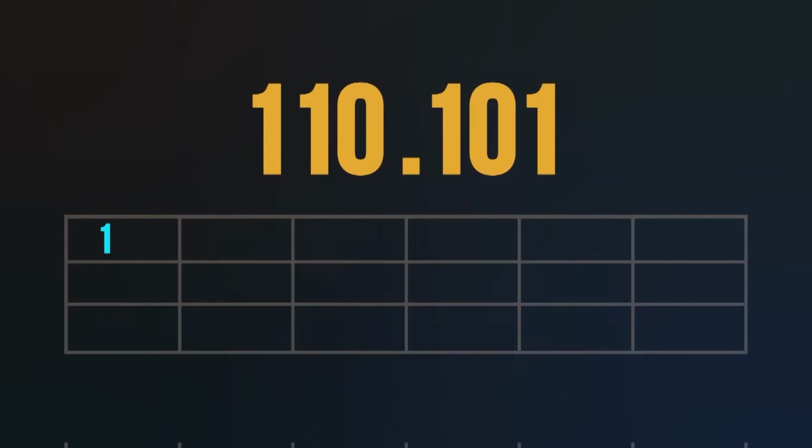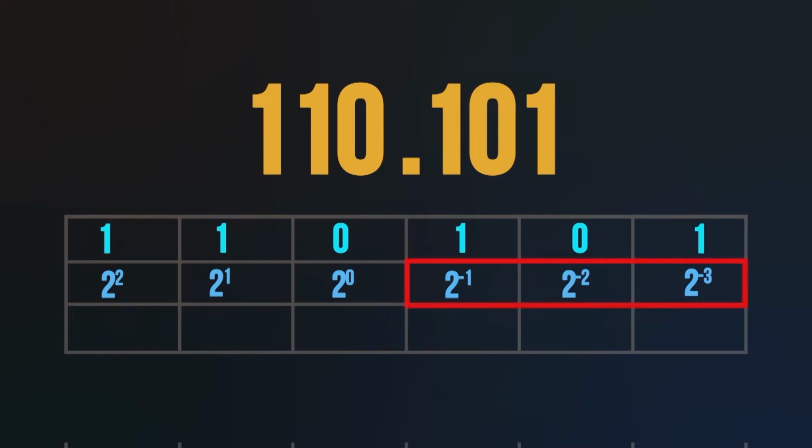For the first bit 1, the weight is 2 square, then for the next bit it is 2 raised to 1, then 2 raised to 0, then 2 raised to minus 1, 2 raised to minus 2 and 2 raised to minus 3. From the decimal point towards right, the positional value is decreased by the powers of 2. So, it is 2 raised to minus 1, 2 raised to minus 2 and 2 raised to minus 3.